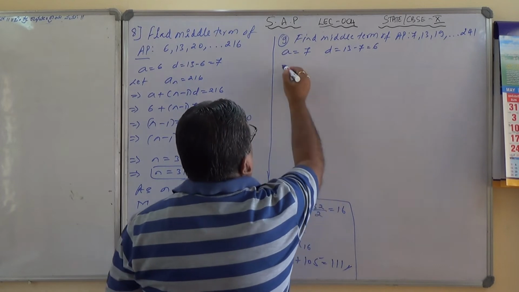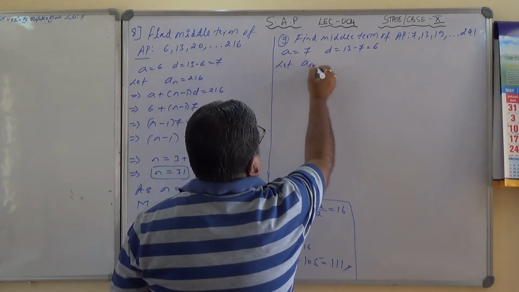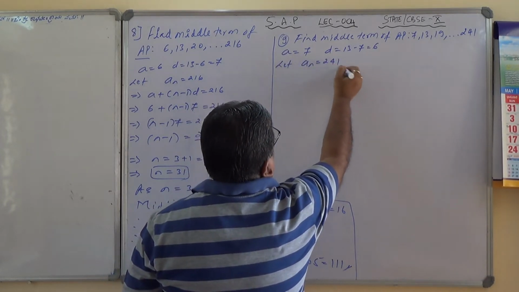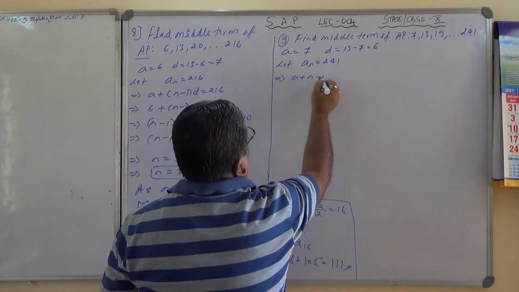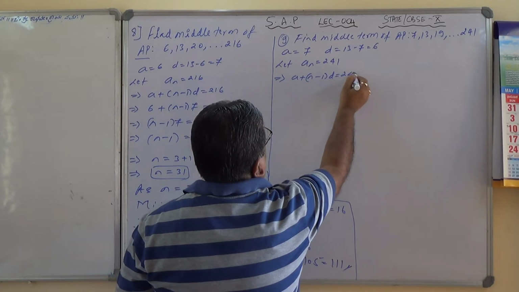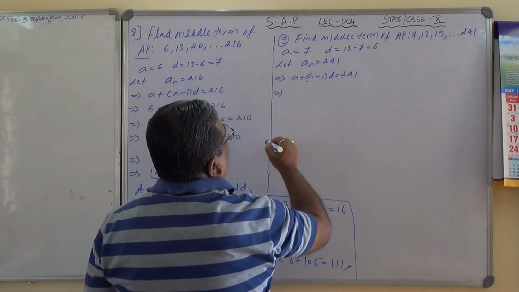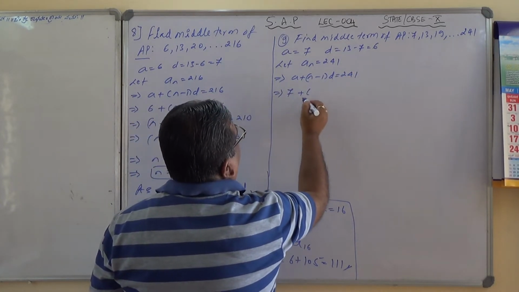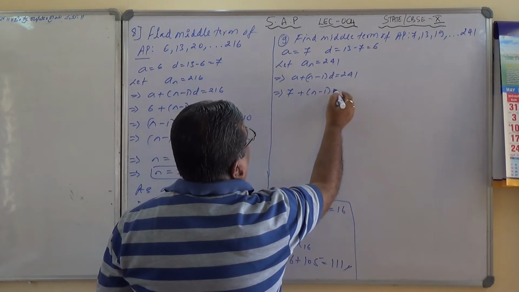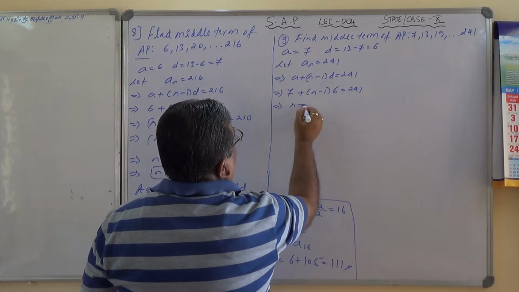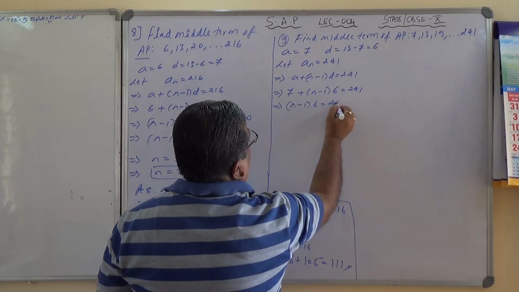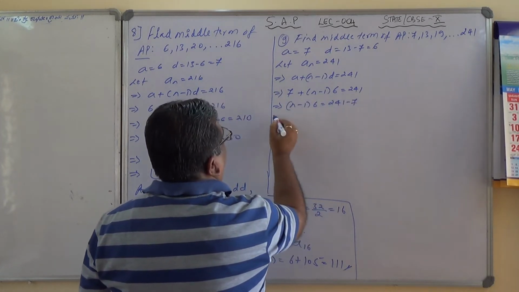So let AN equals 241, implies A plus N minus 1 into D equals 241. A is 7 plus N minus 1 into 6 equals 241. N minus 1 times 6 equals 241 minus 7.